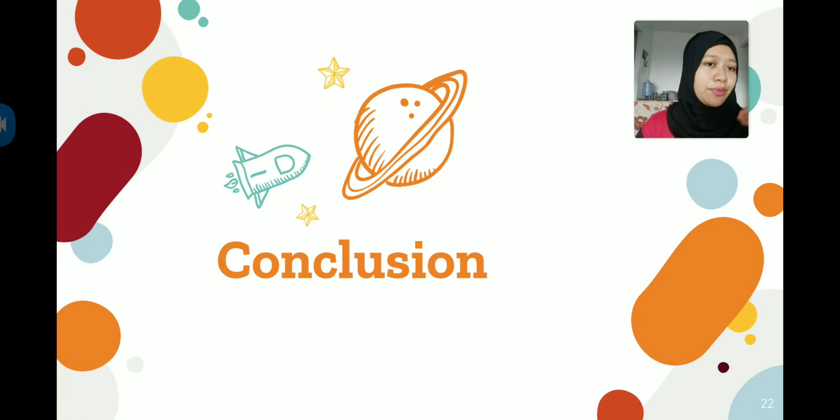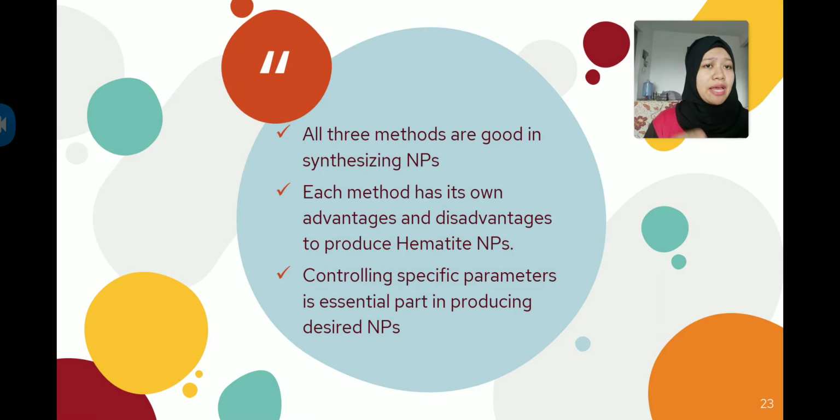And we move to the conclusion. What I have concluded here is that all three methods are good for synthesizing nanoparticles. Each method has its own advantages and disadvantages in producing hematite nanoparticles. So controlling specific parameters is very important in producing the desired nanoparticle. When we add surfactant, the hematite obtained is uniform in size and has the best crystallinity.